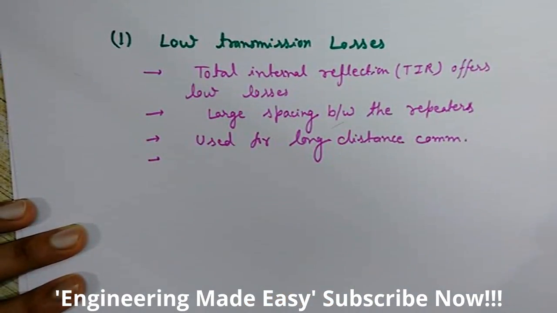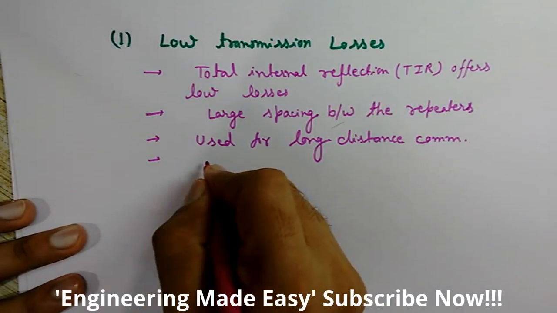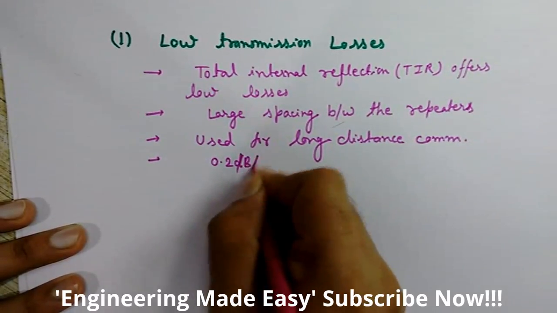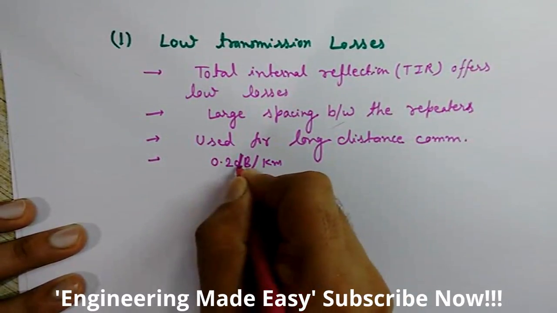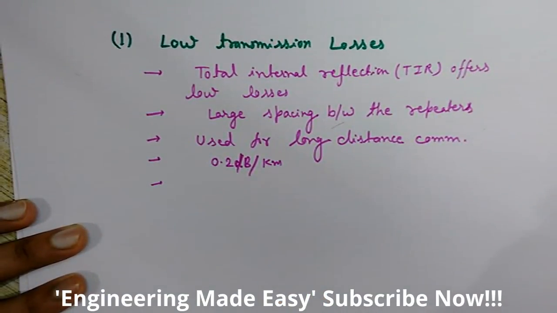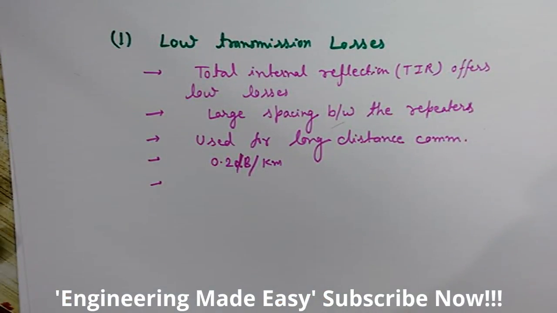The losses are as low as 0.2 decibel per kilometer. So the losses may be as low as this. Still some losses are present, but they are very small.